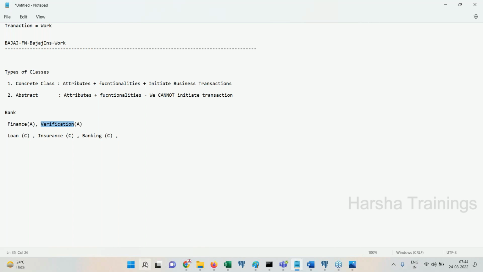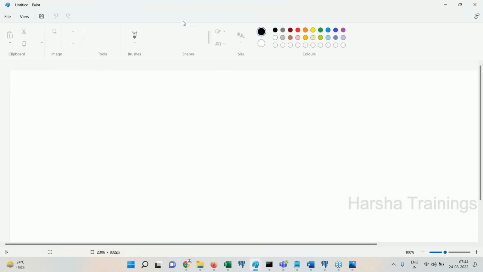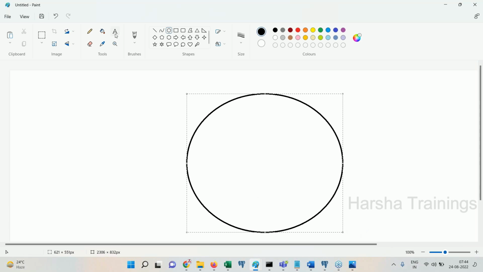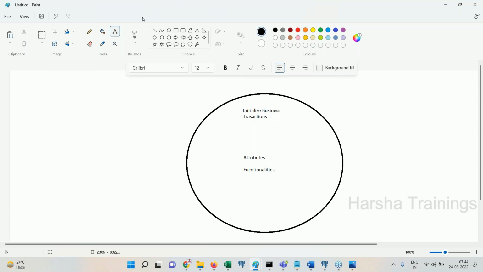Look here. I'm going to explain this with a diagram. This is a concrete class. What is there inside a concrete class? Attributes are there and functionalities are there. And it can initialize business transactions. If you want to draw an abstract class similar to this, where can I draw that?